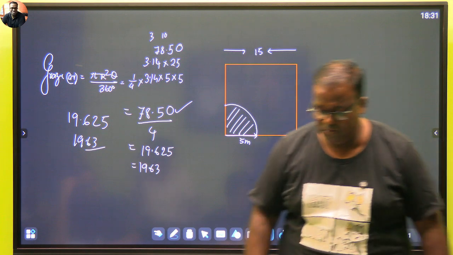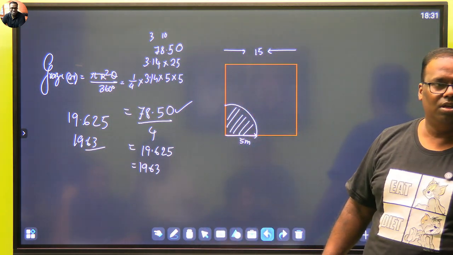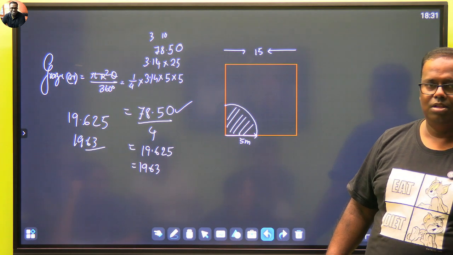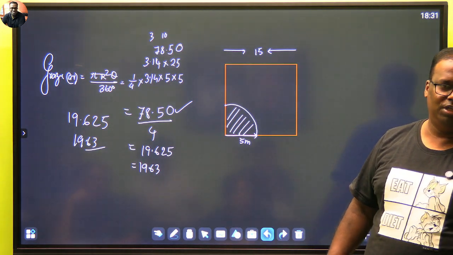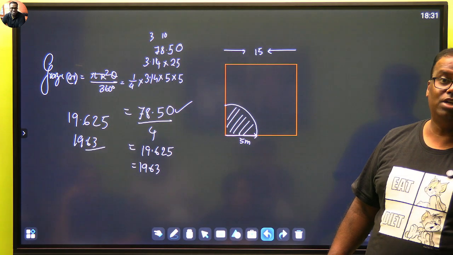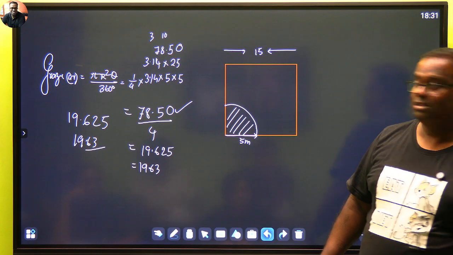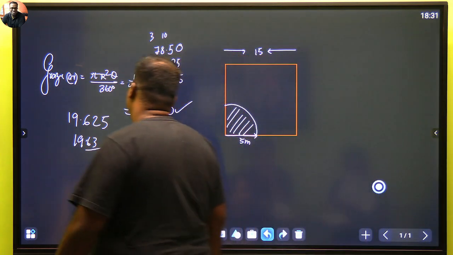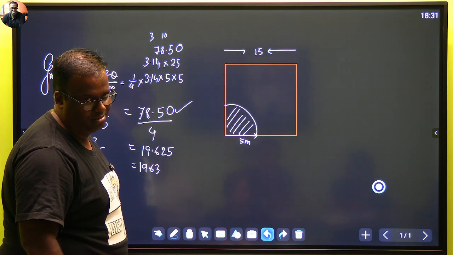What is the next part of the problem? The radius was 10 meters. If the radius was 10 meters, then how much will it be? It is pi r square. Don't multiply by 4. The area is in r square terms, not r.